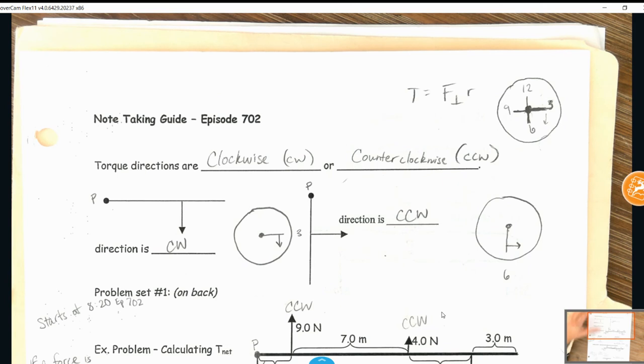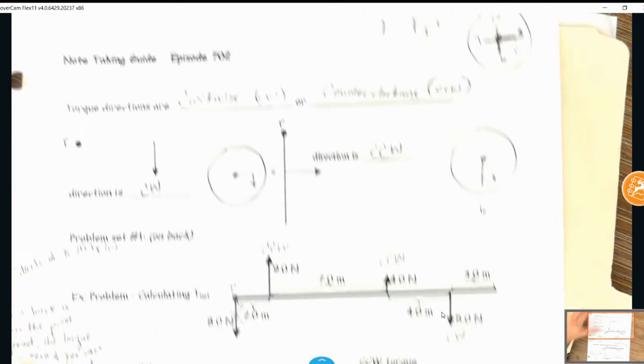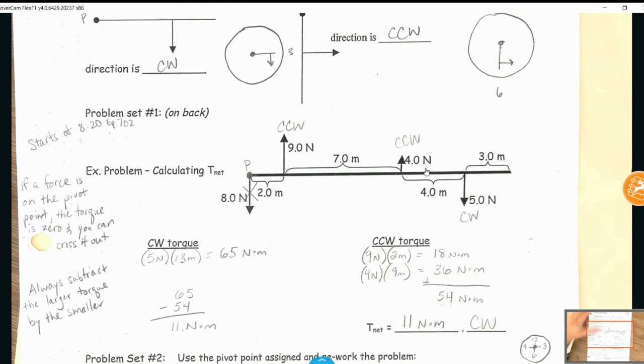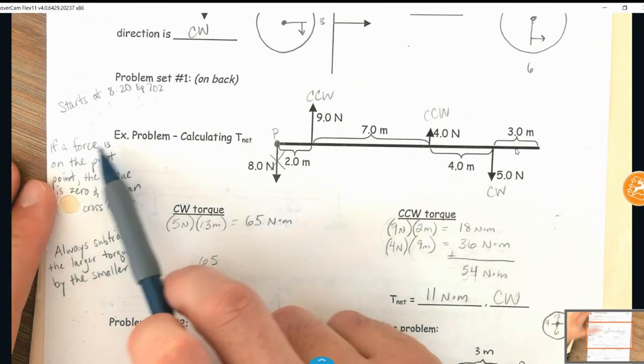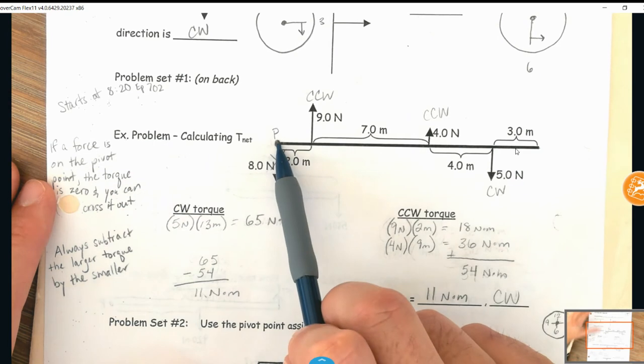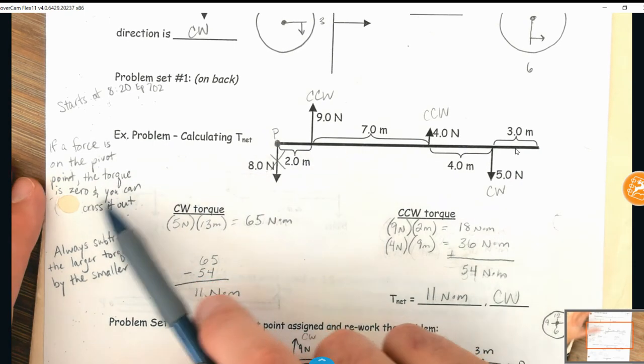Now, in the example problem that they had given us, if a force is on the pivot point, then the torque is going to be 0, and we can just cross it out. Why is that?